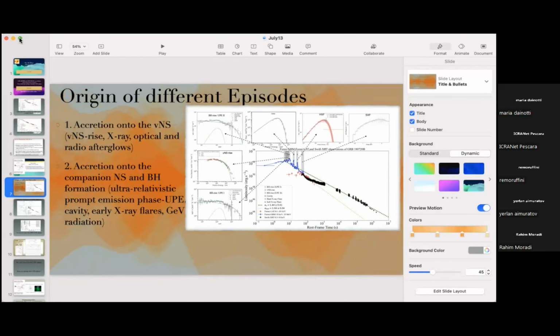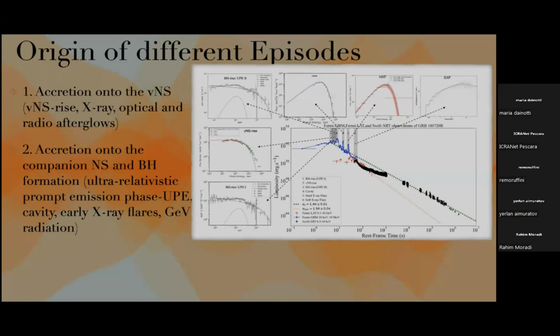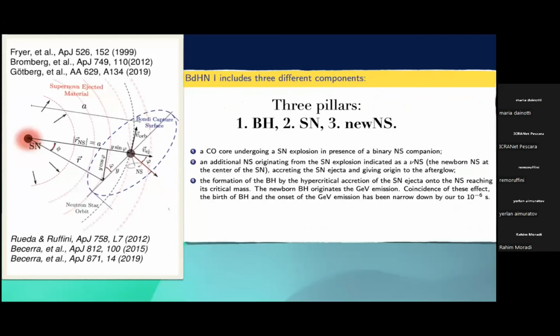We are in presence of a much, much more complex system in which practically you have these three components: the CO core, which collapses and creates a new neutron star, the binary neutron star companion, and the supernova and the new neutron star.